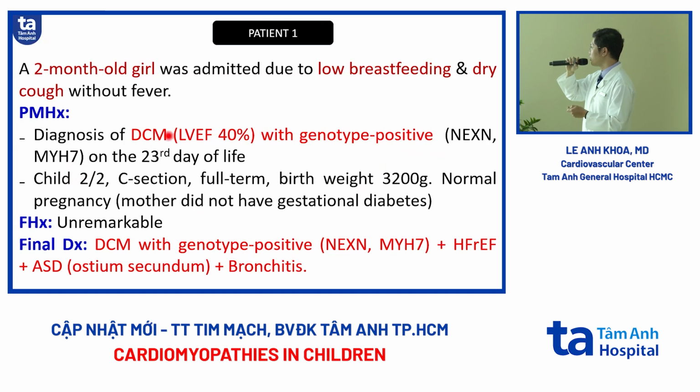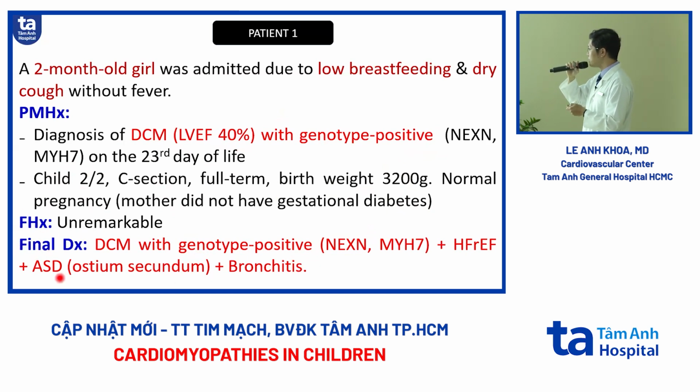On the 23rd day of life, she was a child 2 on 2 with C-section and full term. Her birth weight is 3,200 grams with normal pregnancy. Her mother did not have gestational diabetes. The family history was unremarkable.